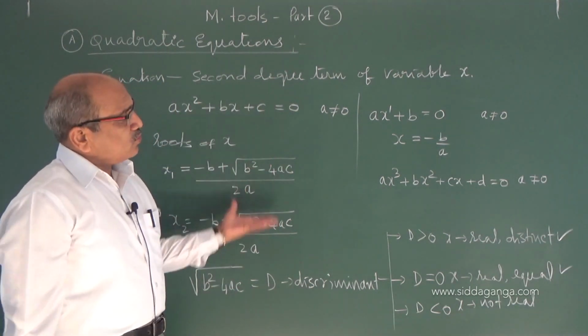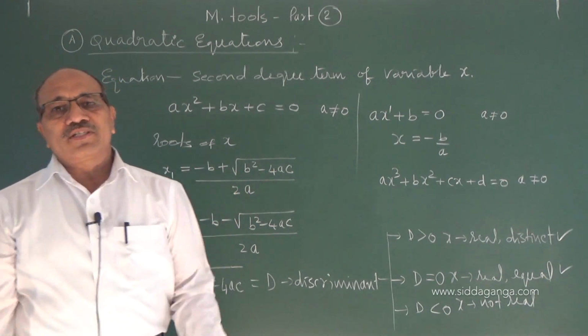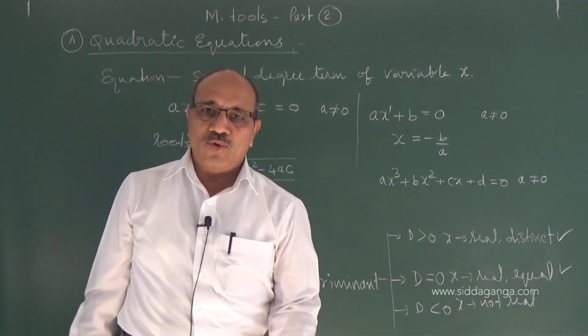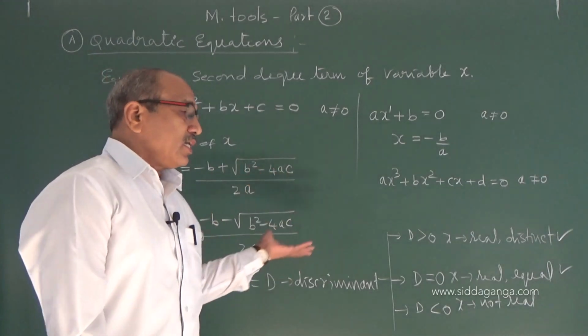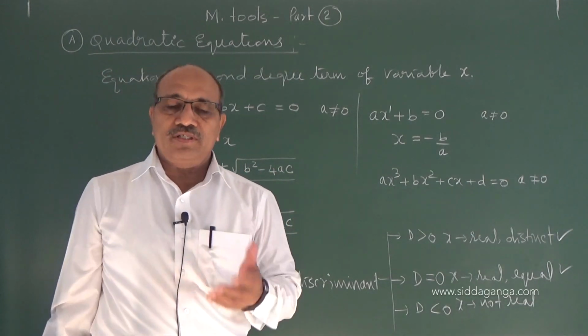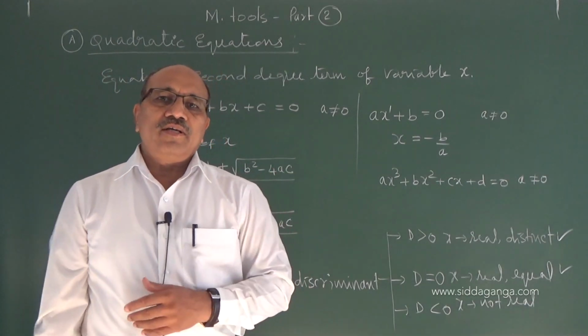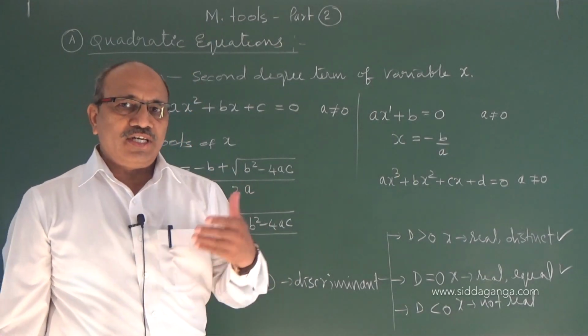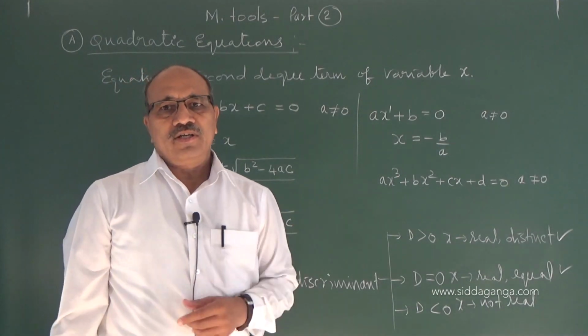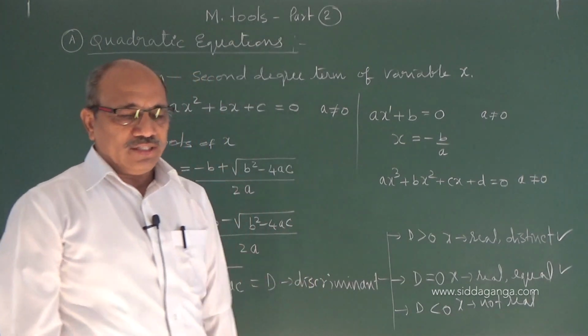I will take one or two examples and relate them to physics, hoping you have studied this already in mathematics. You have also learned a little about motion, velocity and time, and I will take one or two relations connected with this.